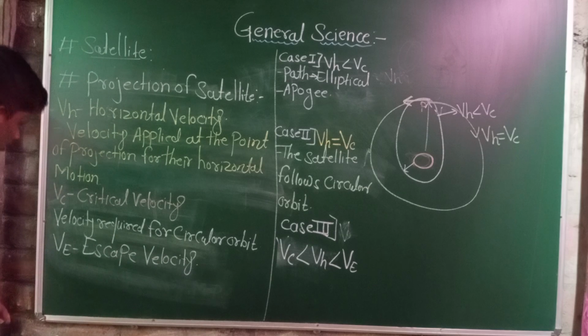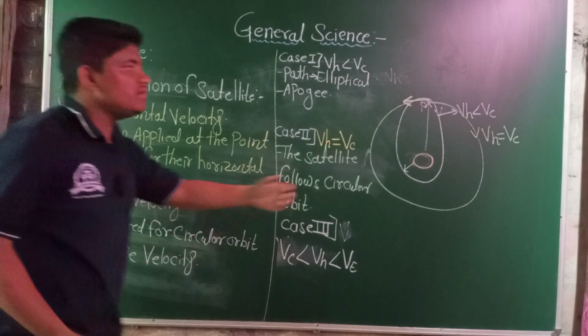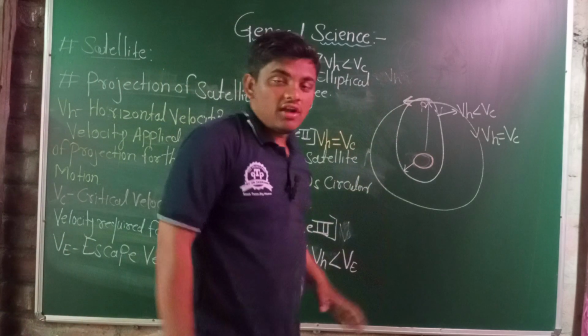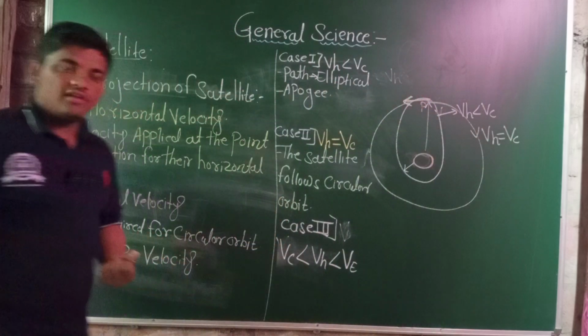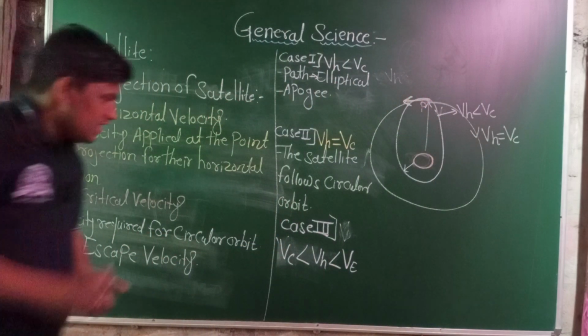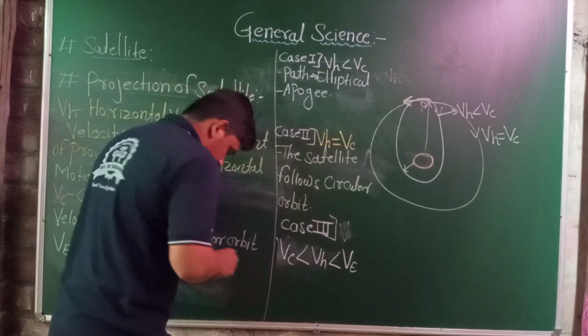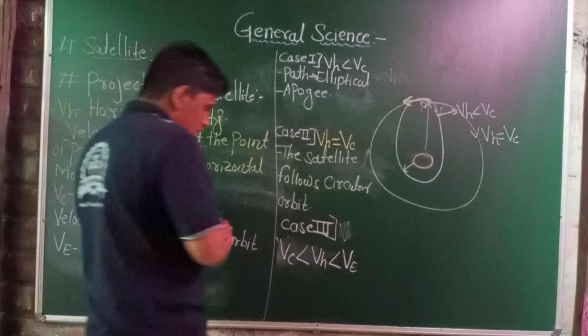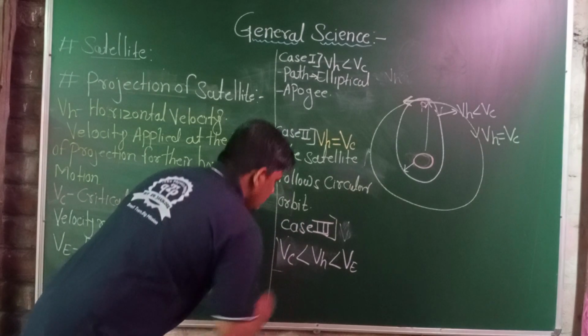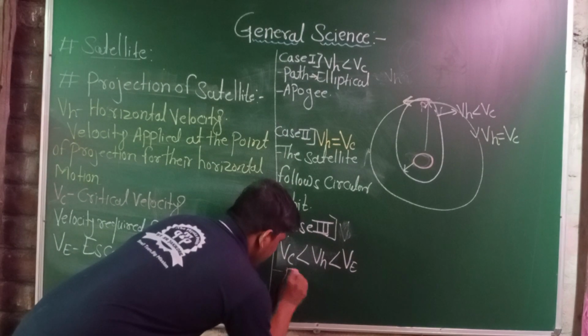What is the escape velocity? It is the velocity required for an object to escape from the earth's gravitational influence. At that time, the satellite again follows an elliptical orbit.